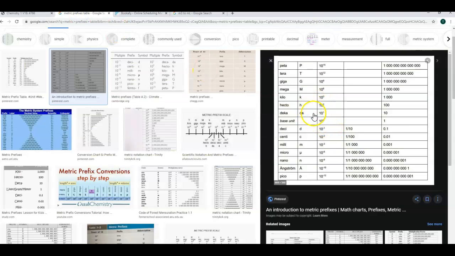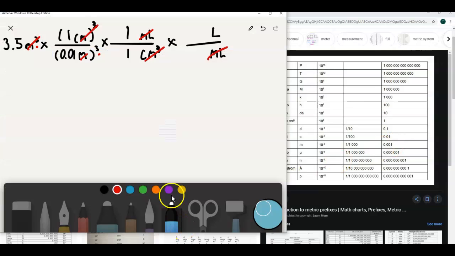Let's look at our prefix table, and it looks like there are 0.001 liters in a single milliliter. You could also say there's 1 liter over 1,000 milliliters. It would be the same stuff. I'm just using what the table tells me.